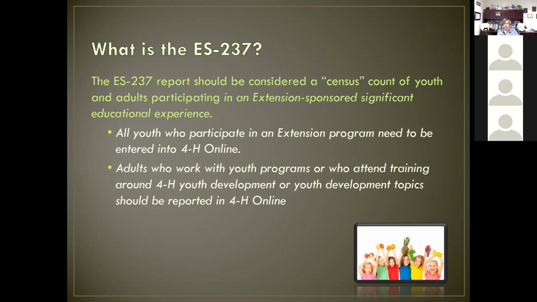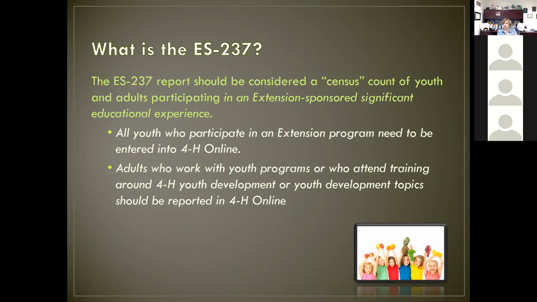All youth that participate in extension programs should be counted into our ES 237. That includes any of our health and nutrition, so any SNAP Ed programs, any FNET programs, any youth horticulture programs, range camp.